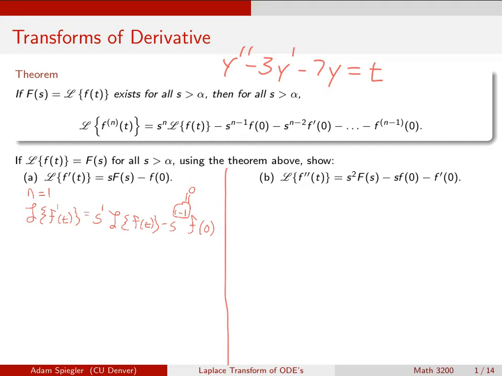So if we're taking the Laplace transform of the derivative of a function, it's going to equal s to the first power times the Laplace transform of f, which we'll denote with capital F, minus s to the 0th power, which is 1, times f of 0.